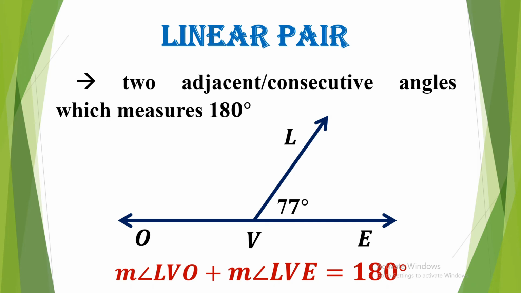So if the measure of angle LVE is 77 degrees, what is the measure of angle LVO? Very good. It's 103 degrees. That's 180 minus 77 degrees. So again, angles LVO and LVE form a linear pair.